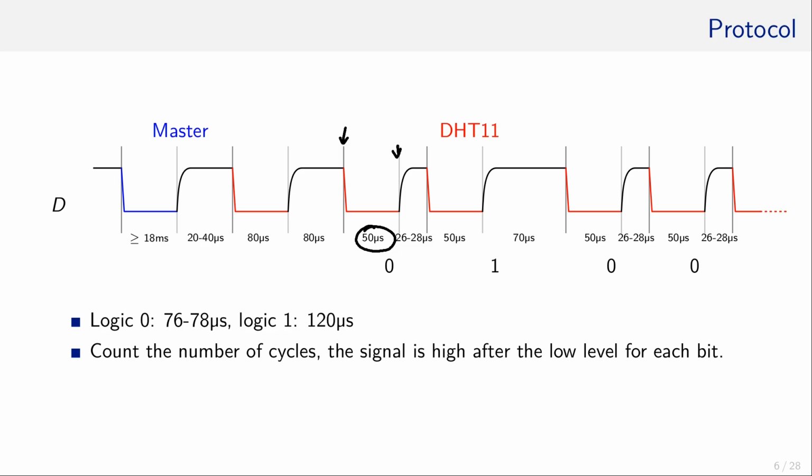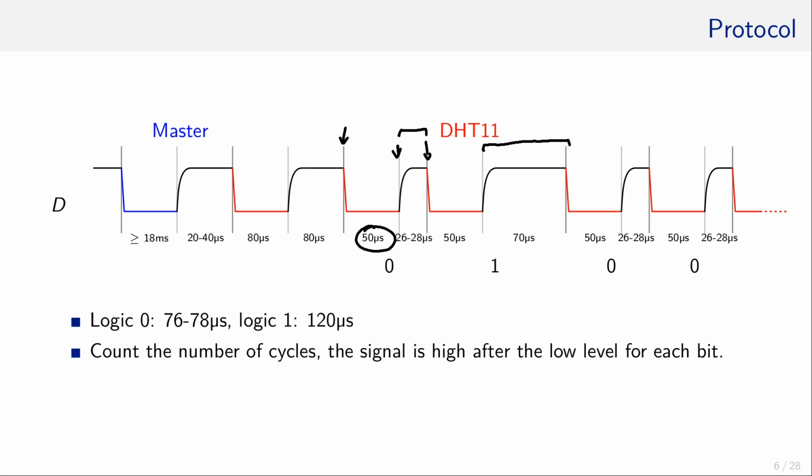Depending on the time when the DHT pulls down the wire again, for instance here, a 0 or a 1 is transmitted. If there are 26 to 28 microseconds between letting the wire go and pulling it down again, a 0 is transmitted. However, if there is a 70 microsecond gap between those two events, a 1 is transmitted.